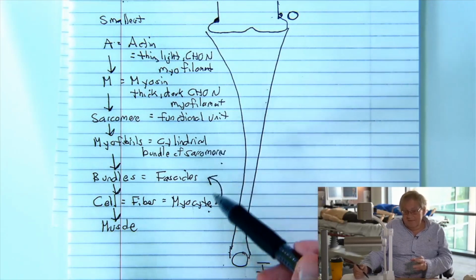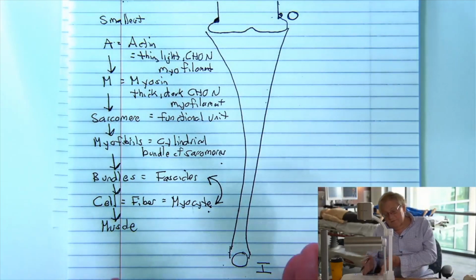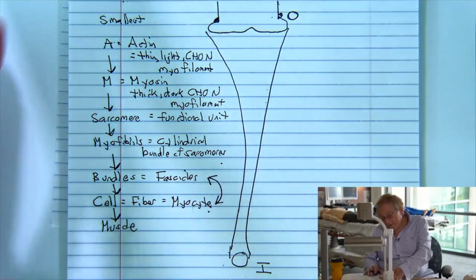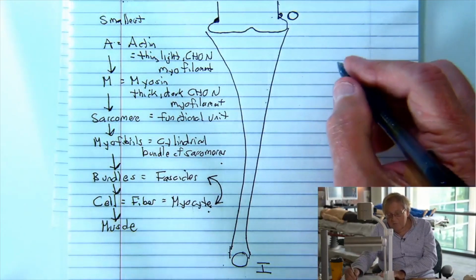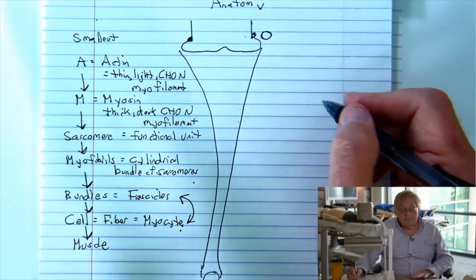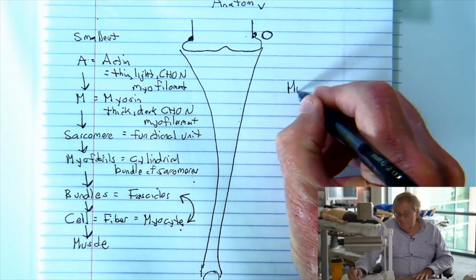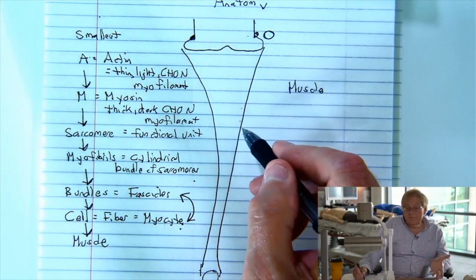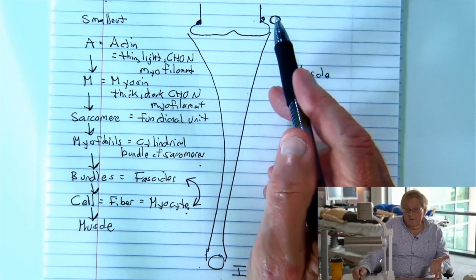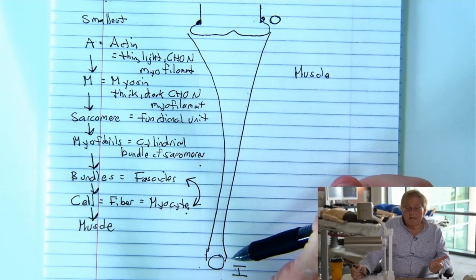But think of the big picture, how things will bundle together. I'll show you that when I go to this. So let me write it one more time here so you can get the big picture. If I started out with a muscle, this could be any muscle, but we know this muscle here is the gastrocnemius, because it looks like it's starting at the femur and ending down here at the calcaneus.